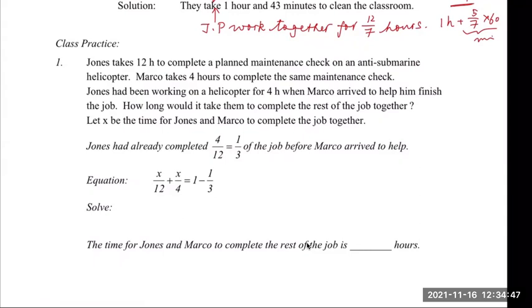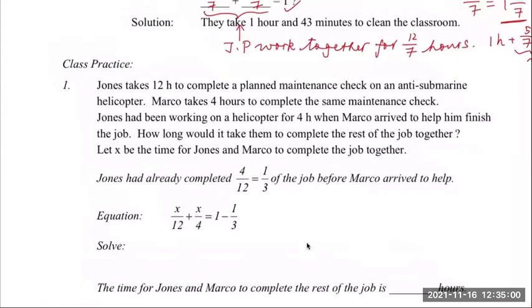So the question says John takes 12 hours to complete a blah blah blah. You don't need to know what the blah blah blah is. You just need to know John takes 12 hours to complete something, right? And because Jones takes 12 hours, each hour she can complete 1/12 of the task, right?